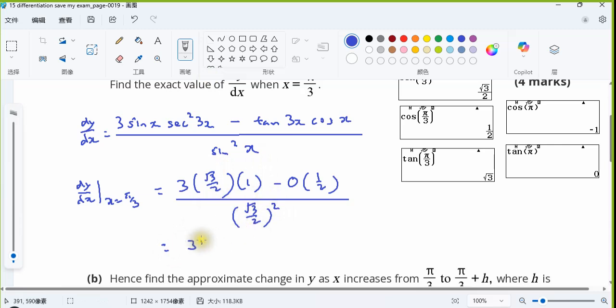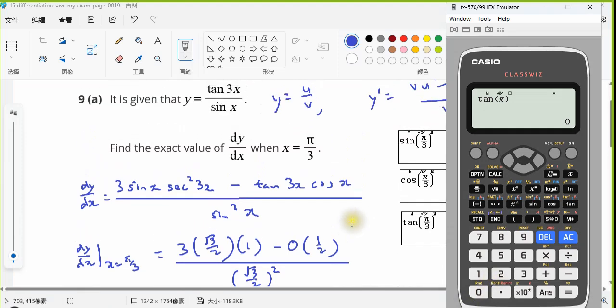So we have 3 square root 3 over 2. Wow, something is wrong.